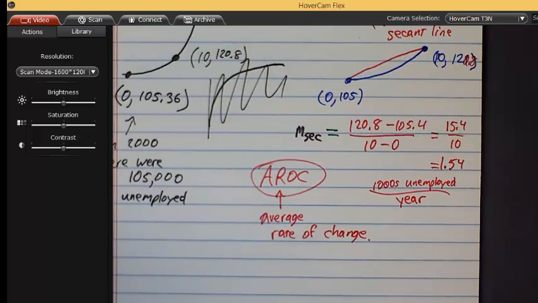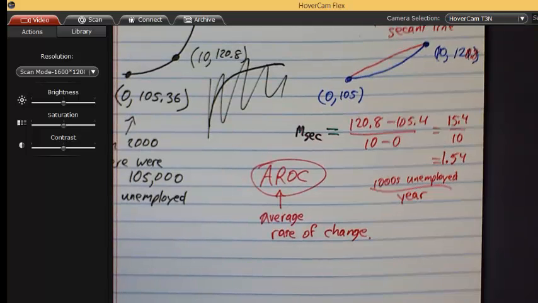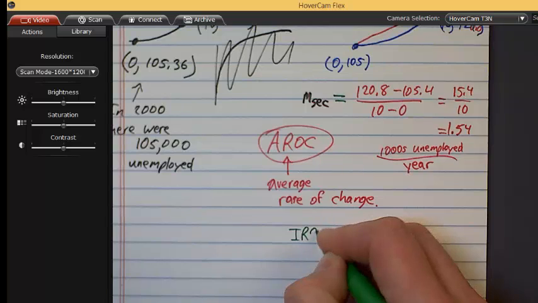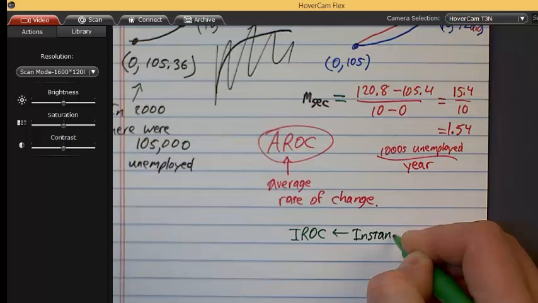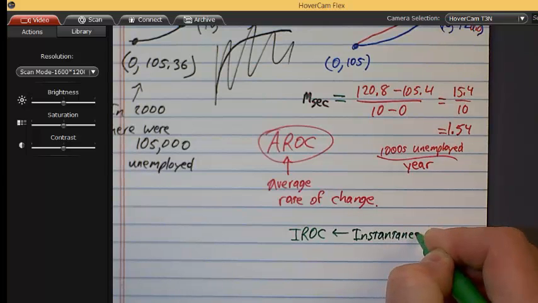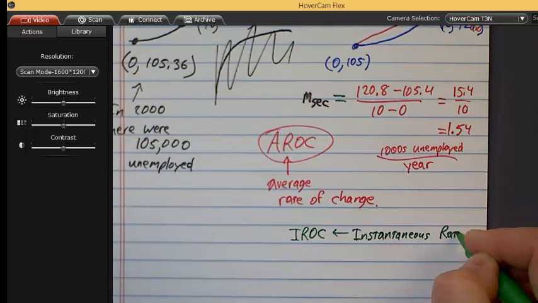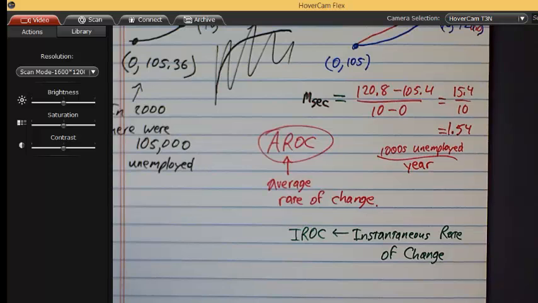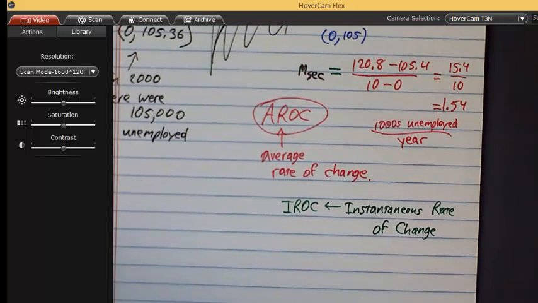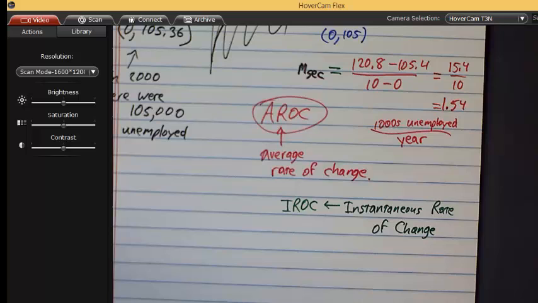Well, today, what I'm going to try to compute is what I like to call IROC, instantaneous rate of change. The problem I'm going to ask today is, how fast, let's put it this way, how many jobs were being lost per year?